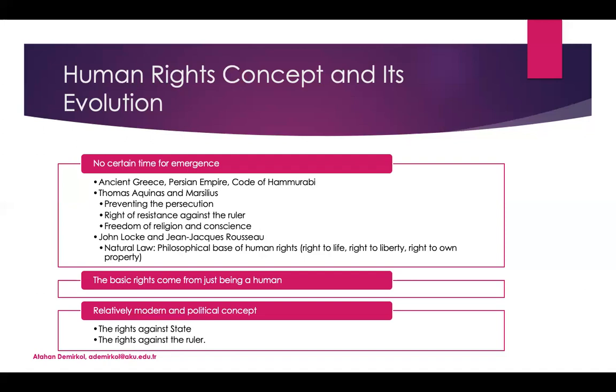Instead of inventing, there are the right to life, right to liberty, right to own property. These are the natural laws for John Locke and Jean-Jacques Rousseau, and the natural law concept is really important for the human rights concept because some laws are natural. They have priority over other normal laws or rules. So the basic human rights just come from being a human.